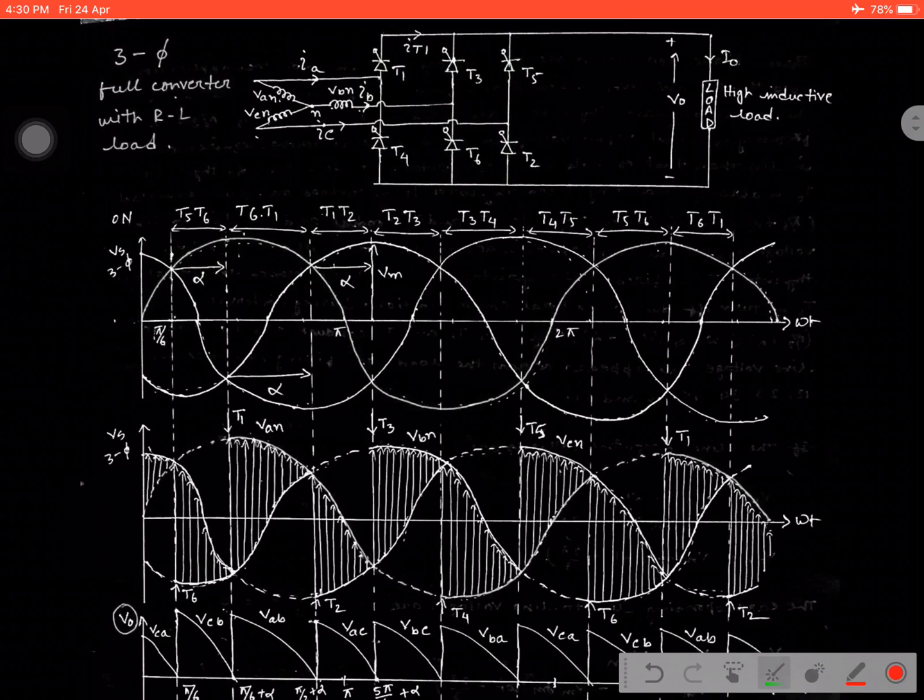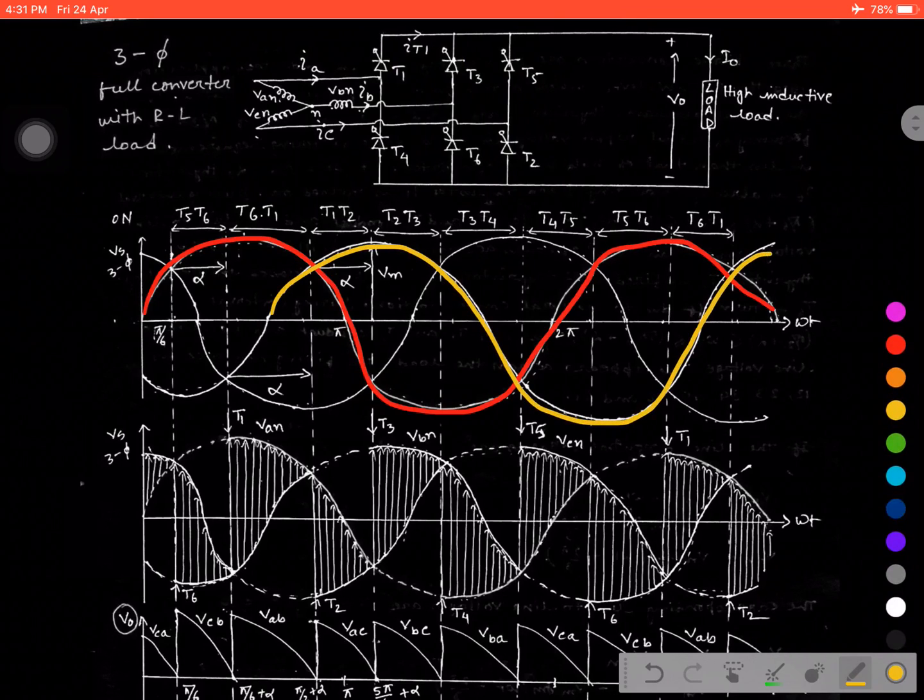Now the operation. As the three-phase signal is given, suppose this is the signal for phase A, right? And suppose the signal for phase B, which will be 120 degrees apart from the first phase, will start 120 degrees from the first phase. This is the B phase.